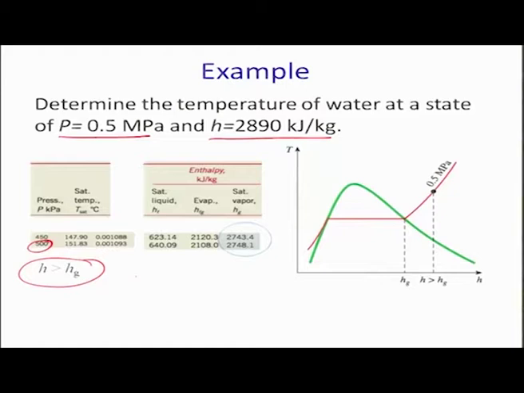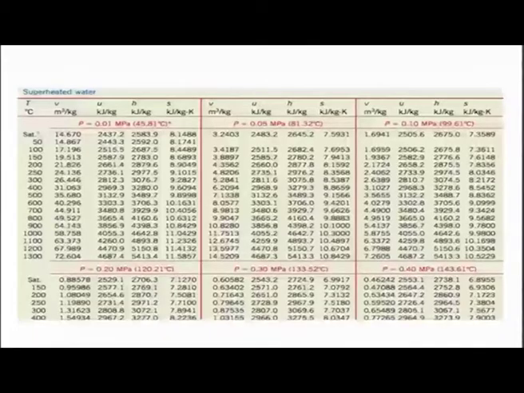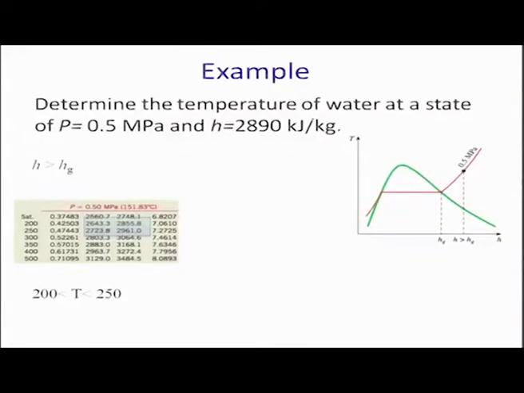So, we should directly take the superheated water tables. There are many values. We have to pick up the condition where P is equal to 0.5 megapascal. So, we take the values corresponding to P equal to 0.5 megapascal, and here you have V, U, H, and the entropy.